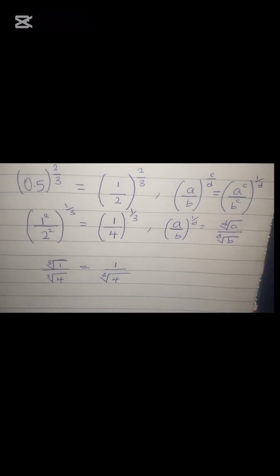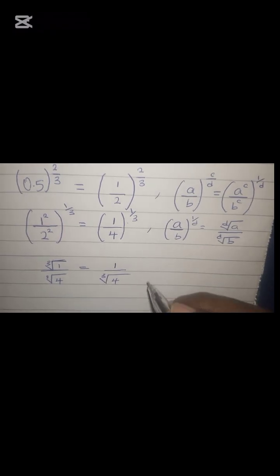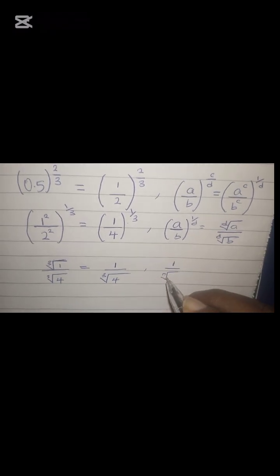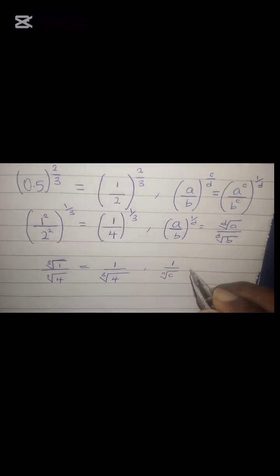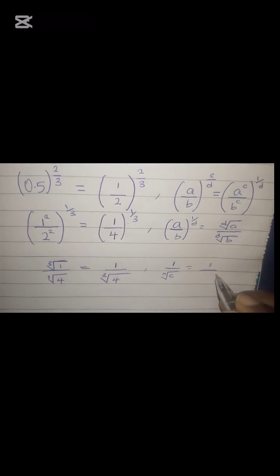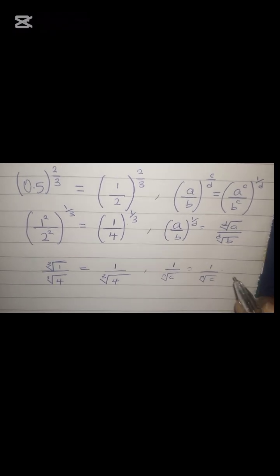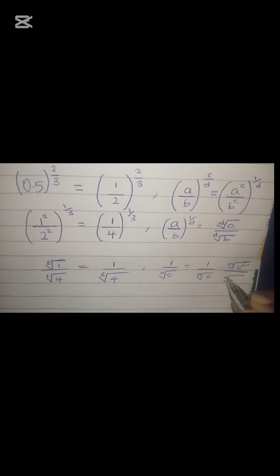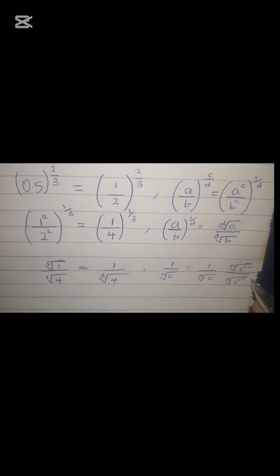So since we are not having this, what then is the next step? At this part, we are going to apply a new rule, which says if you are having 1 over the nth root of c, it is equal to 1 over the nth root of c times the nth root of c to the power of n minus 1, over the nth root of c to the power of n minus 1.